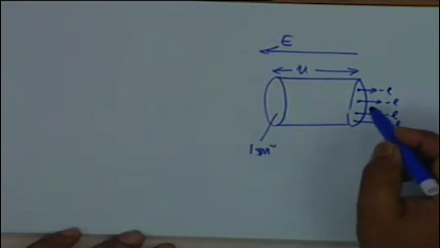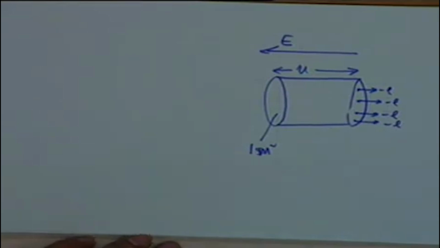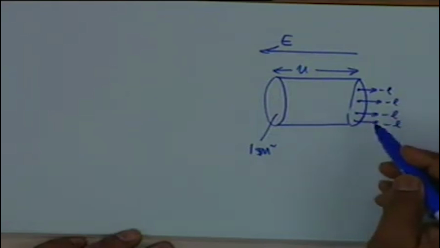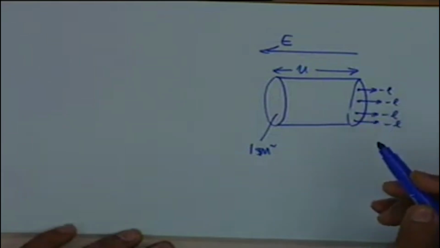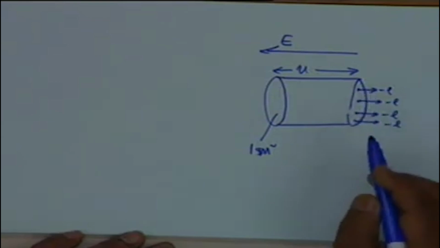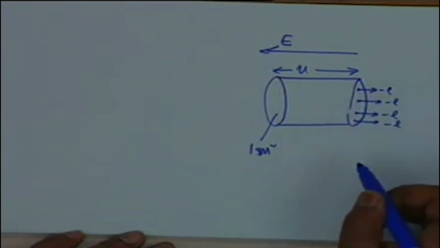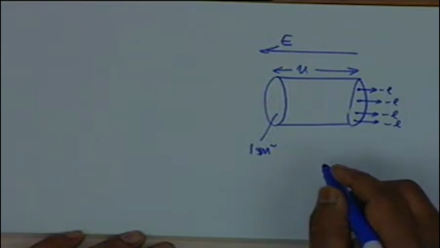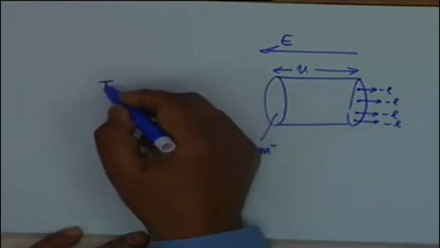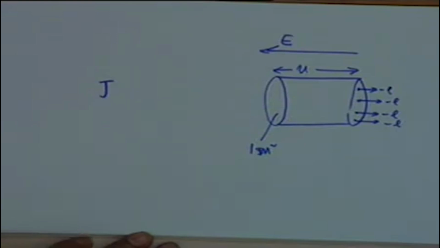So if you consider the total charge that crosses a unit area, obviously this is the current density. The total charge that crosses the unit area per unit time is the current density J. The current density shall therefore be equal to the total number of charge carriers that cross this unit area in unit time multiplied by the electronic charge.